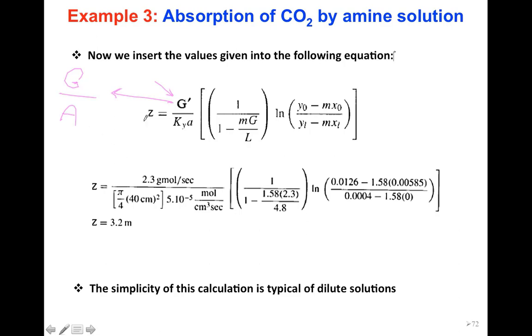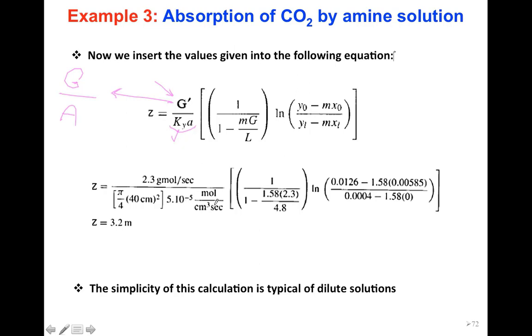So now we need to use this equation. K is given, actually Ka is given to you, as 5 times 10 to the power minus 5.